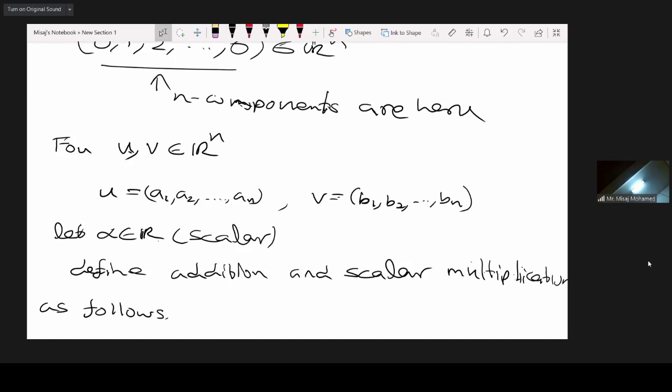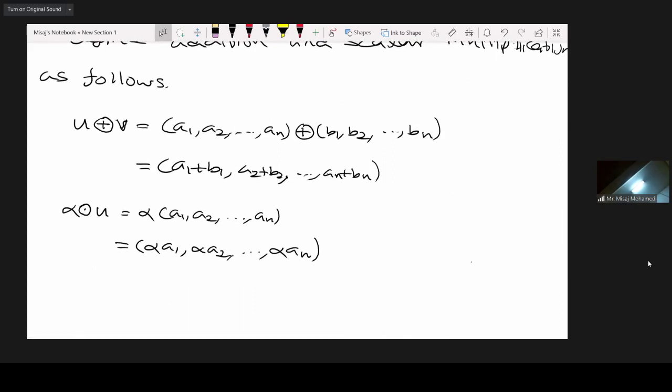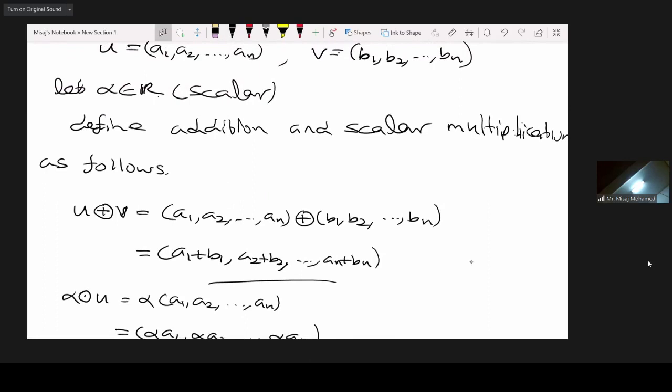Now I have defined an addition and a scalar multiplication in this form. This is a vector addition and this is a scalar multiplication. So now we can check whether, using this addition and multiplication, it is possible to be a vector space over the field R. The scalar field is R.